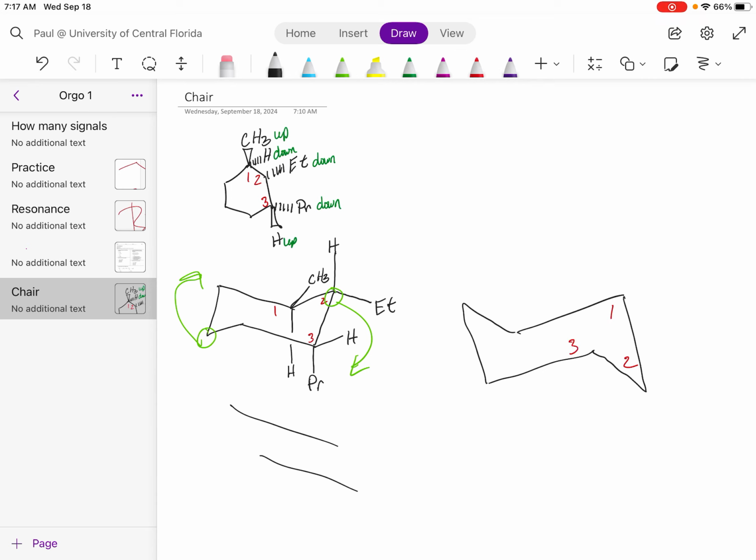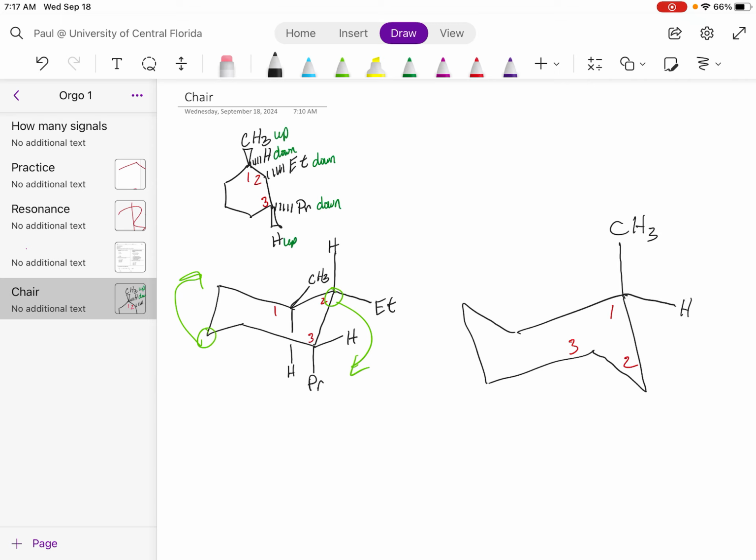Now we can just use our first chair as our guide to help us out. Because we know at carbon 1 here, we're going to have an axial up bond and an equatorial down bond. And so at carbon 1 of the first chair, what do we see about the methyl group? We see that it is in the equatorial position. So that means that it has to be in the axial position when we do the chair flip.